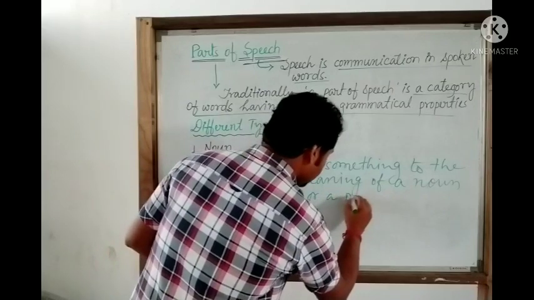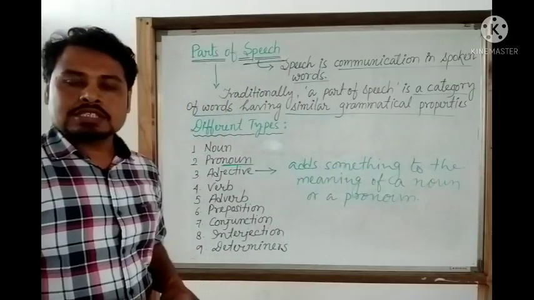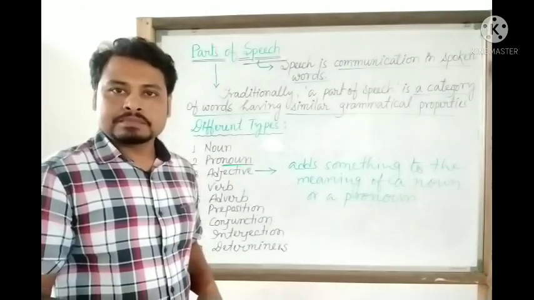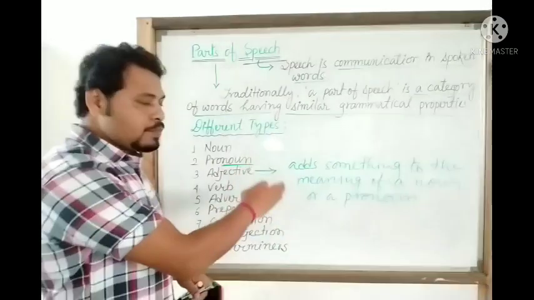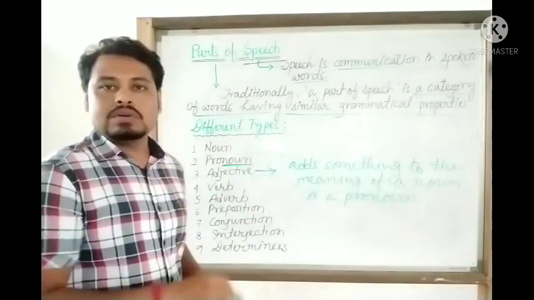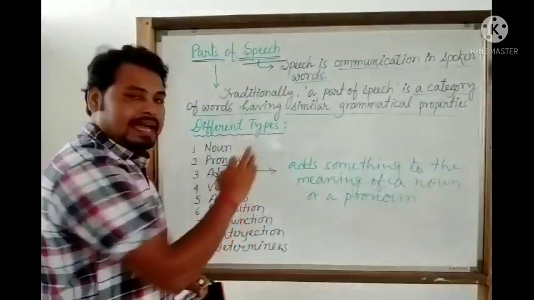That means when we try to qualify a noun, that means when we try to add something to the meaning of the noun or the pronoun, the word that we use, that is what an adjective is.